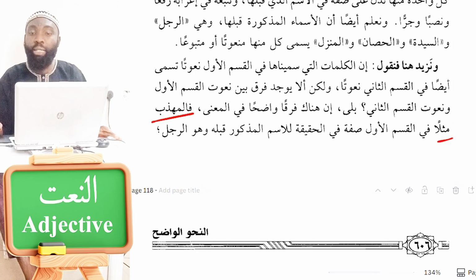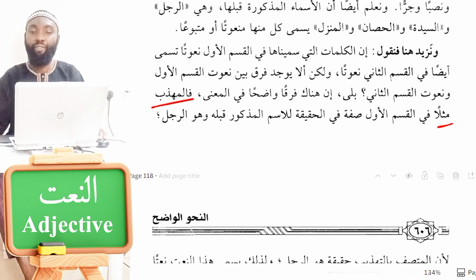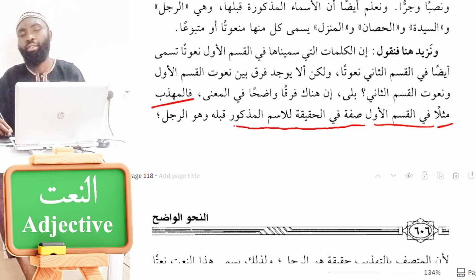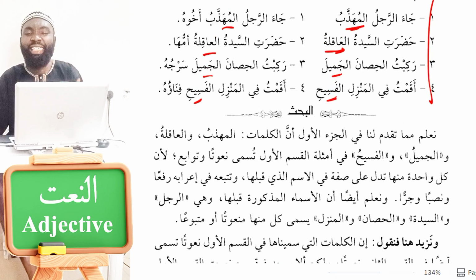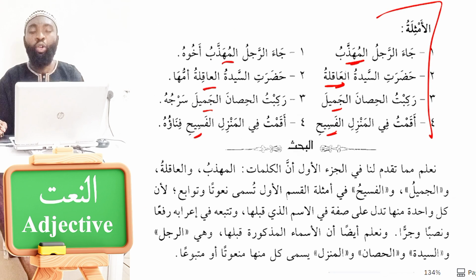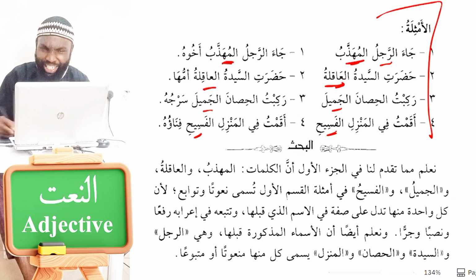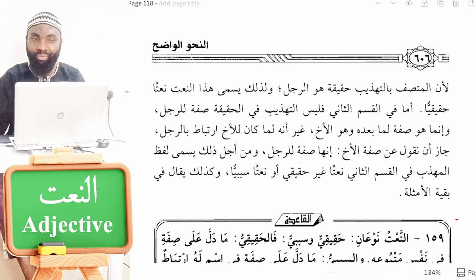The word al-muhadhabu that is used in the first examples, in the first section, is in reality an adjective which is qualifying the word ar-rajulu that came before it. This is the word al-muhadhabu in the first section. Let's look at al-muhadhabu in the second section now.